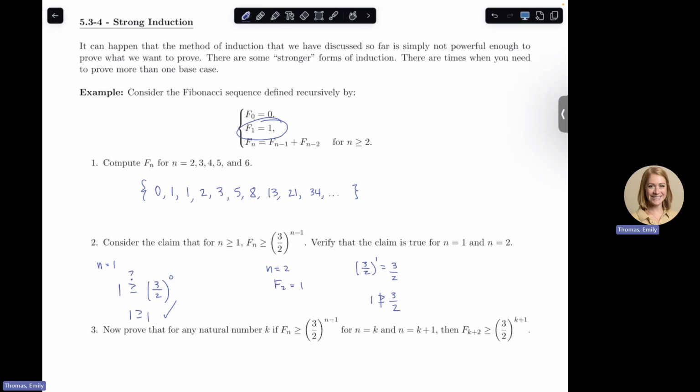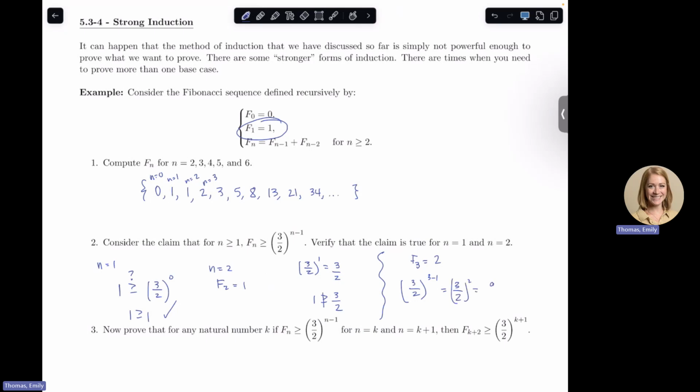This is n equals 0, n equals 1, n equals 2, n equals 3. F sub 3 is 2, and 3/2 to the 3 minus 1 is 3/2 squared, which would be 9/4, which is 2.25. Yeah. So we're all noticing that 2 is certainly not greater than 2.25.